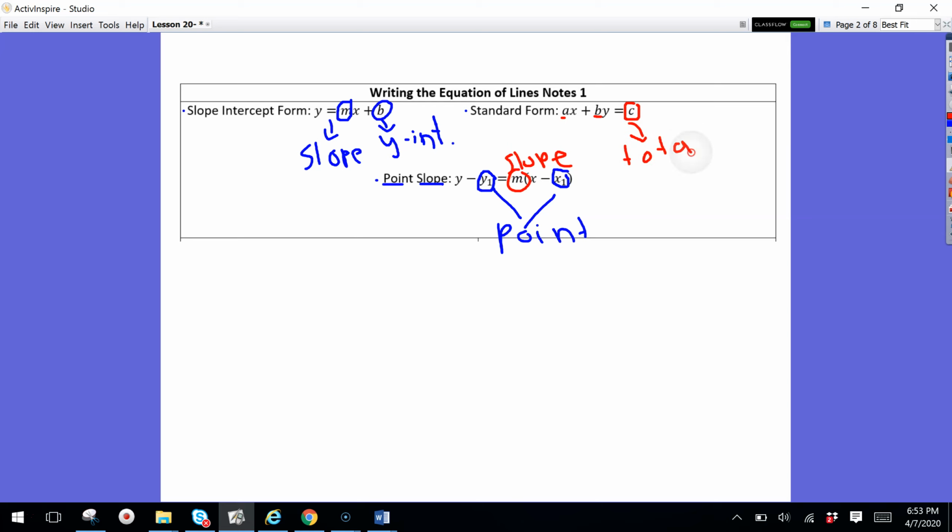I have three numbers, or three coefficients, that in a real world situation would be very apparent. I don't have just a slope and a y-intercept, I have three numbers, and we'll see that in one of our examples. But the main thing is that I have a total value.